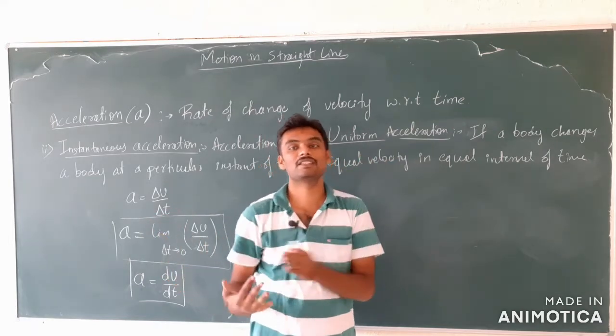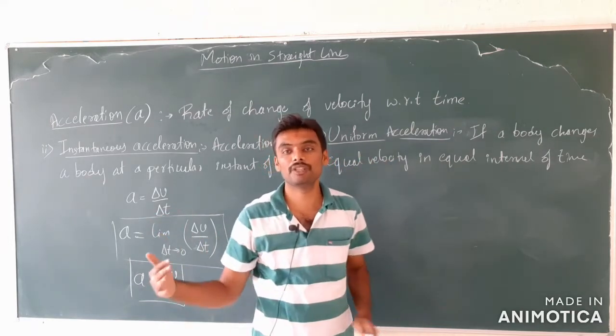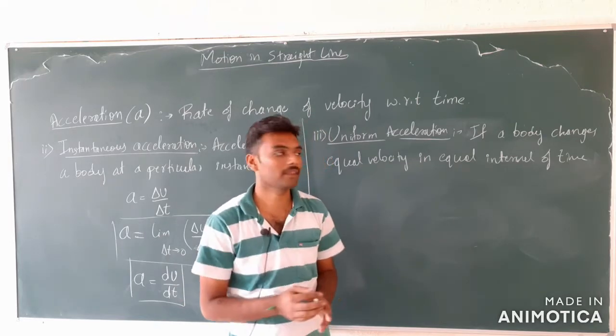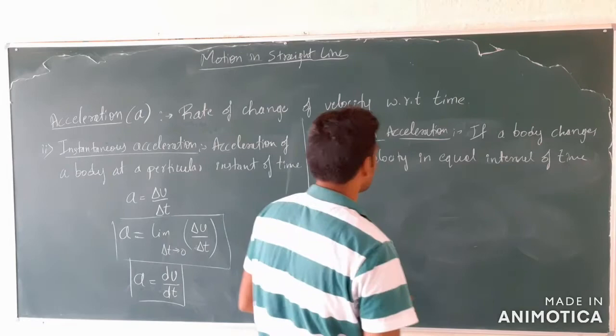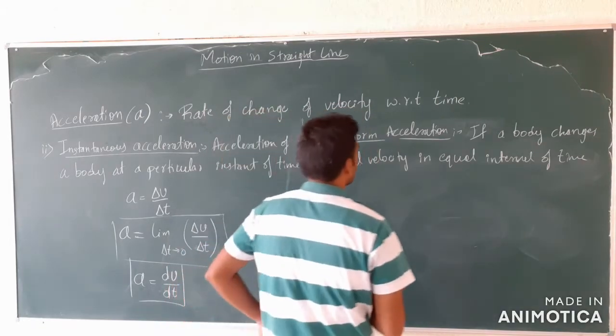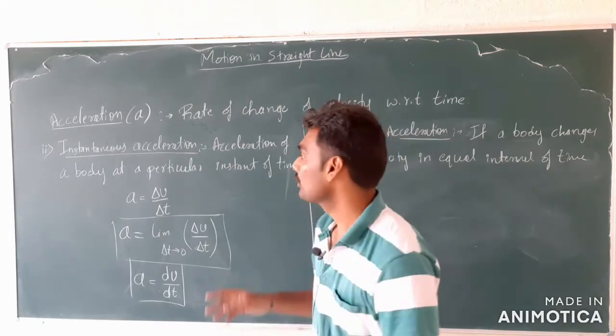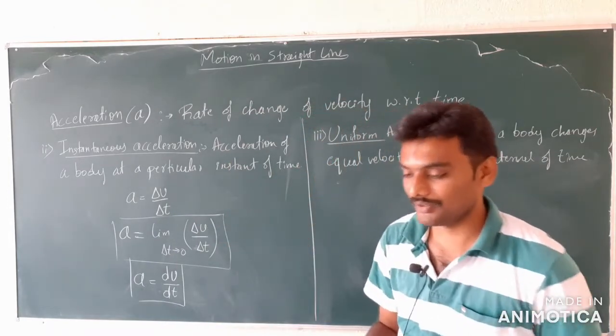The change happening in the velocity should be the same in the given intervals of time. Then we call that acceleration uniform acceleration. So that is about the three kinds of acceleration that we have.